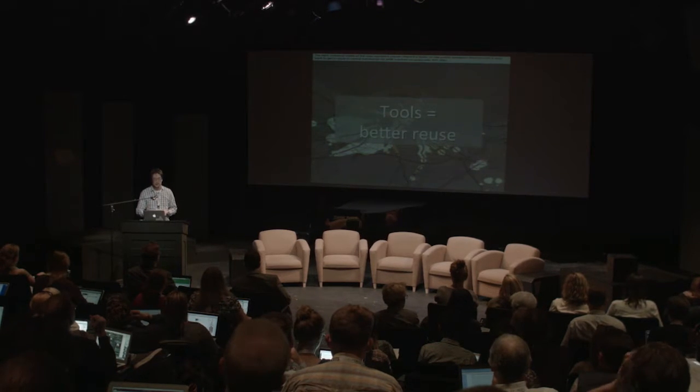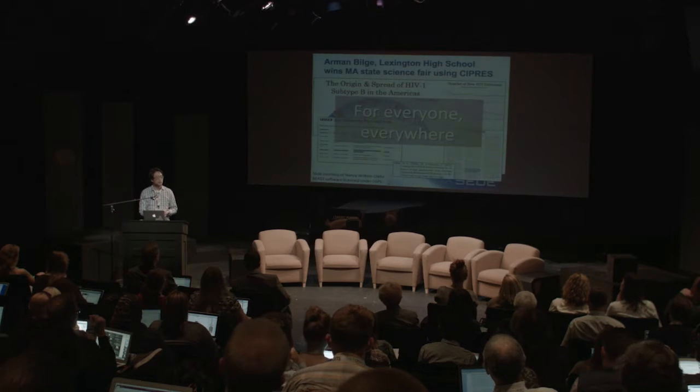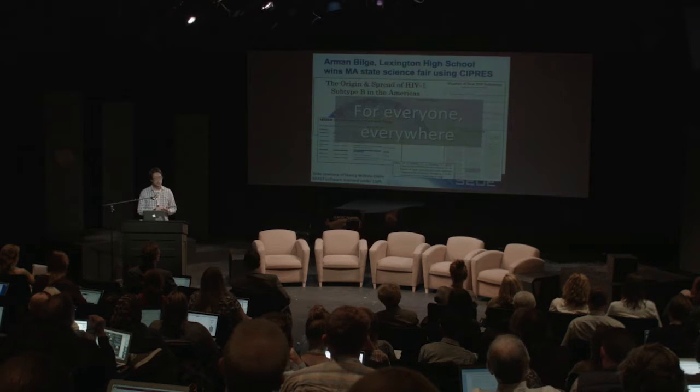And then lastly, it's about the literacy. What we should be able to do is get to the situation where anyone, anywhere, is able to use open access publications, open data, and open tools to ask their own questions directly using open resources.